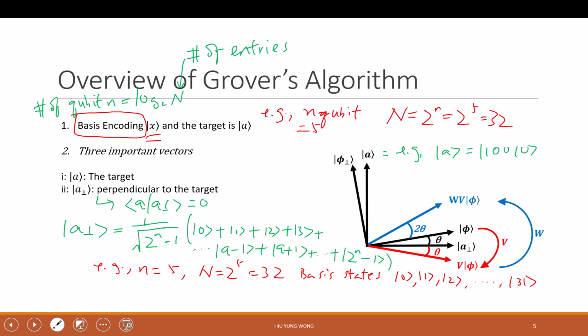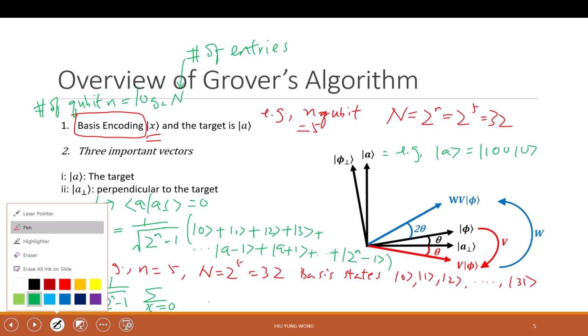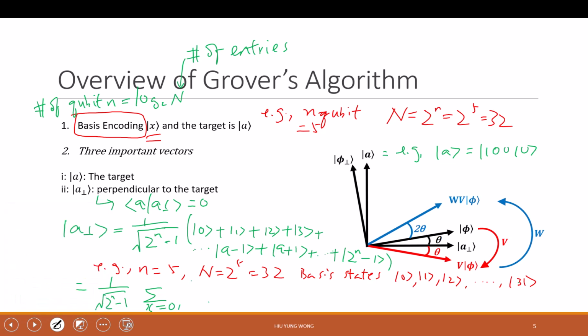It does not include A. So I can rewrite it as 1 over square root 2 to the power n minus 1, summation x equal to 0, but x not equal to A, all the way to 2 to the power n minus 1, and then x.